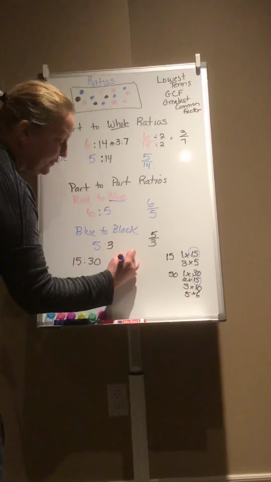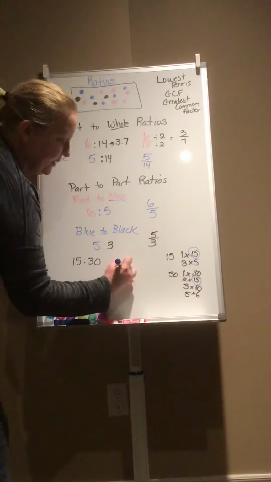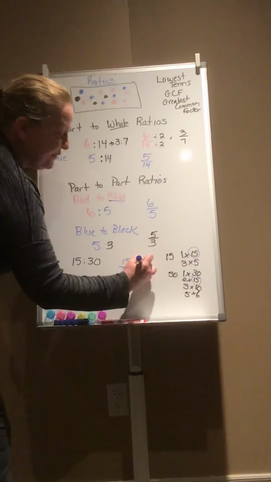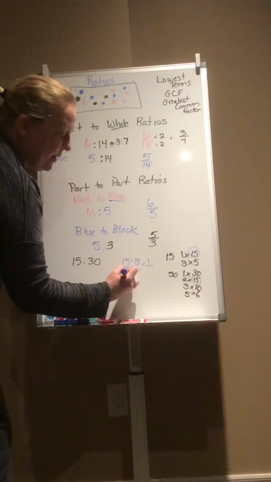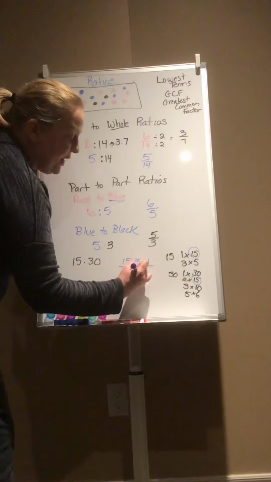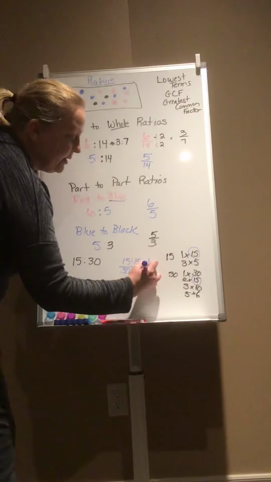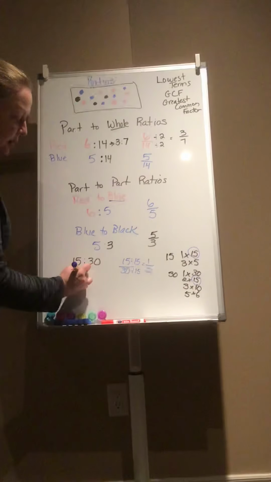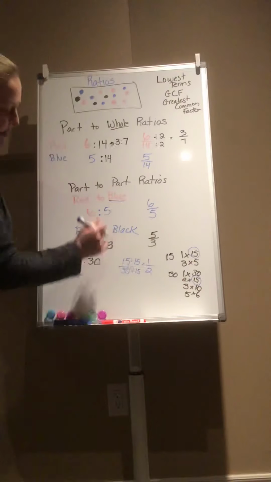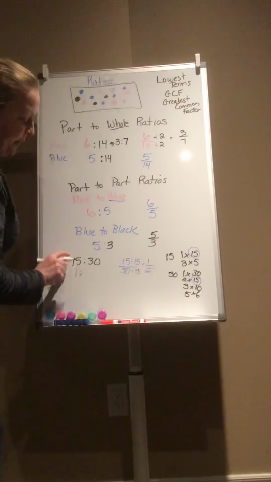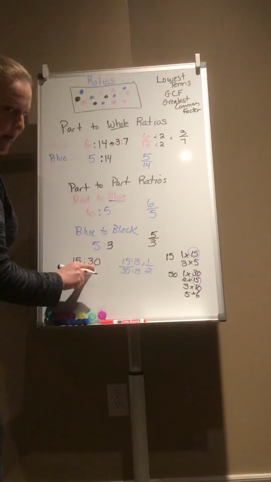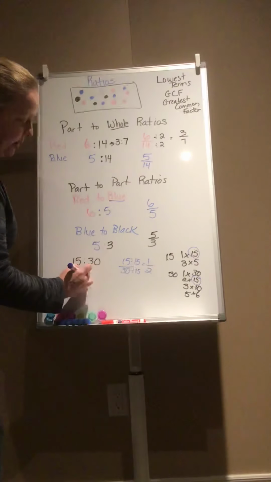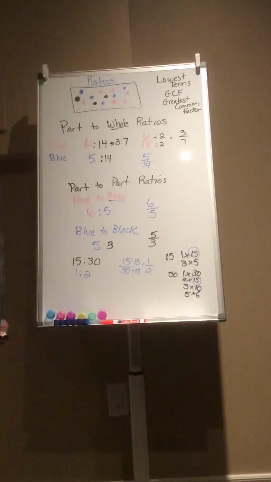If I write this as a fraction, 15 over 30, 15 divided by 15 equals 1, and 30 divided by 15 equals 2. I actually made this one up, so it's not referring to anything. 15 to 30 in lowest terms for a ratio is 1 to 2.